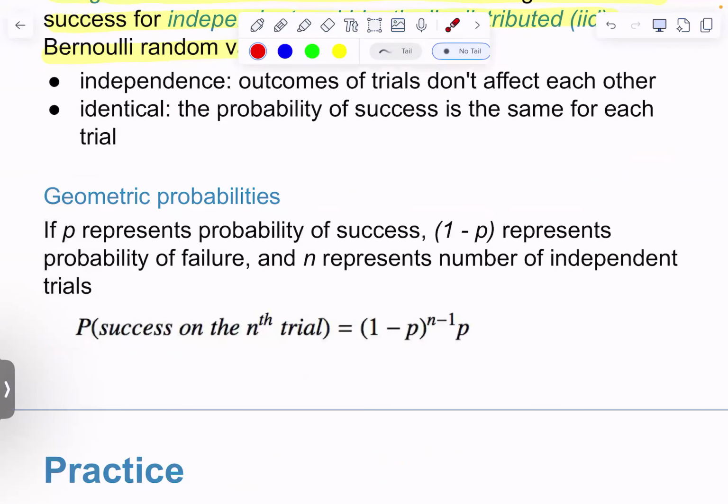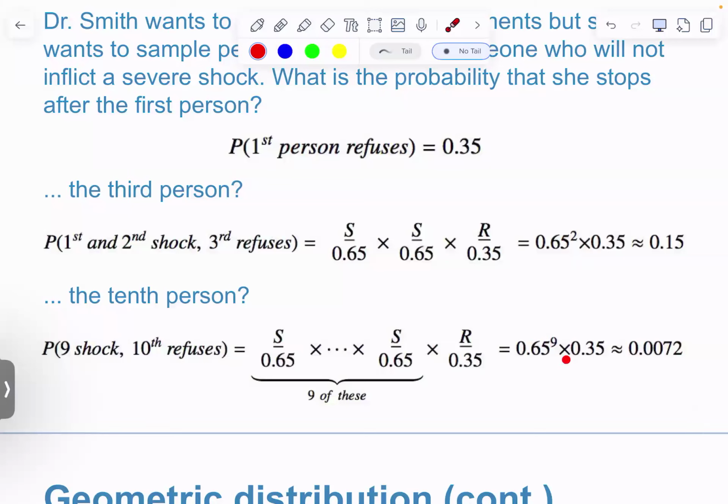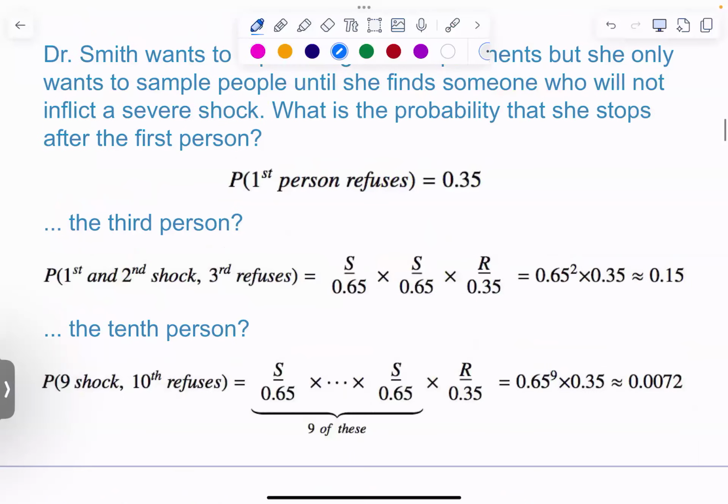Going back to these probability calculations, if we're doing n trials, which we'll start incorporating, here in n trials, here n is 1.